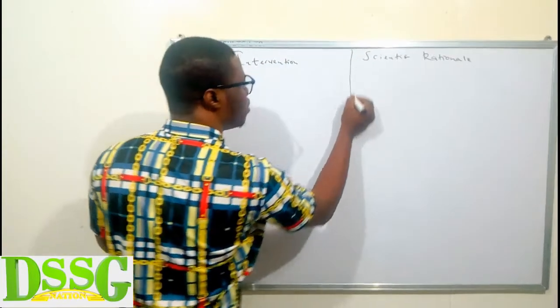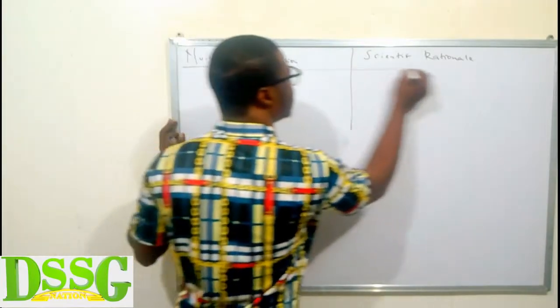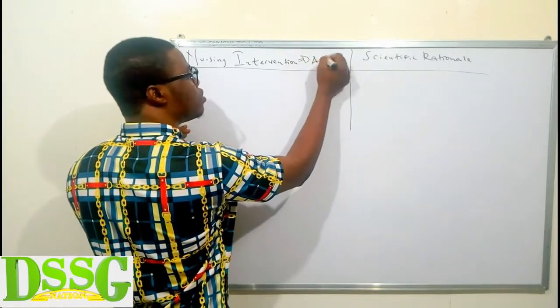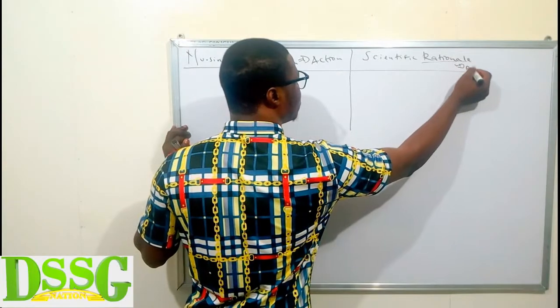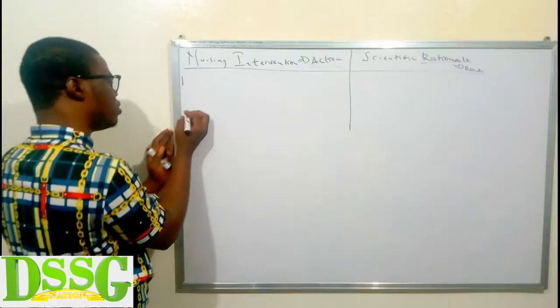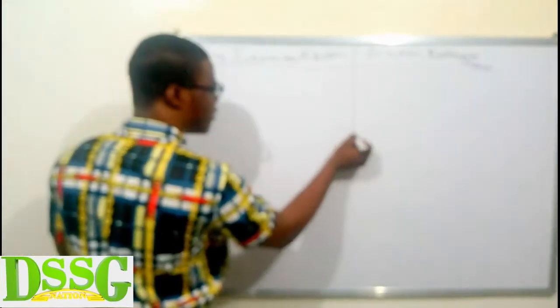We said the nursing intervention means action, and the rationale means reason. I said the format for nursing intervention is just 1, 2, 3, and 4. You have to write at least four nursing interventions.